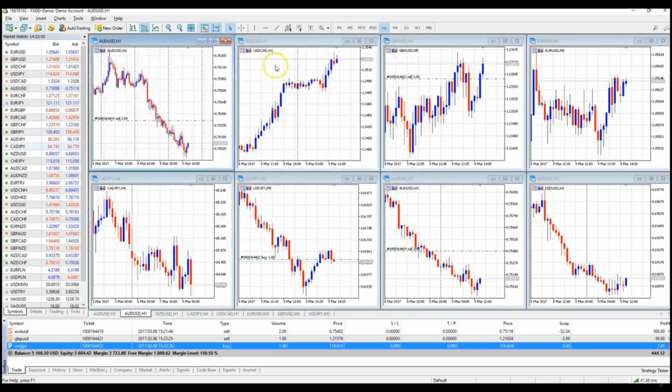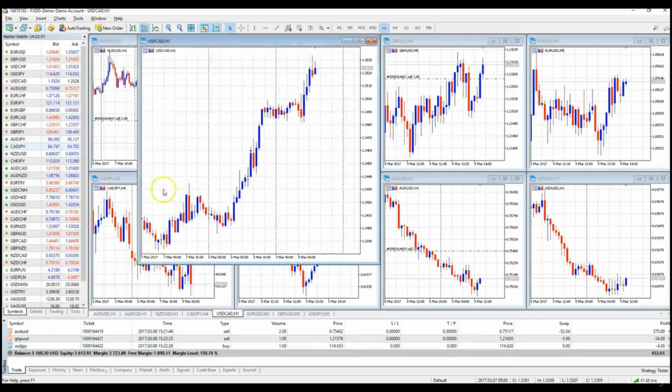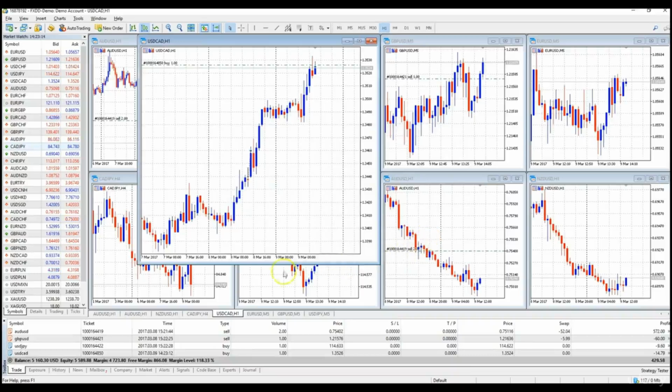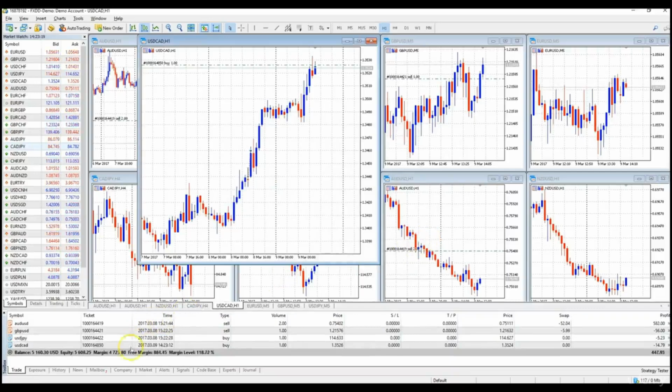Say I wanted to buy USD CAD, just go to new order, make sure USD CAD is selected in the symbols list, and so I want to trade 100,000, and just watch my free margin below. So I'll buy this, and you see it just required $1,000 from my account. So it didn't cost 1,000, it just placed that 1,000 in the margin category. So now my free margin is only 800 and so on.